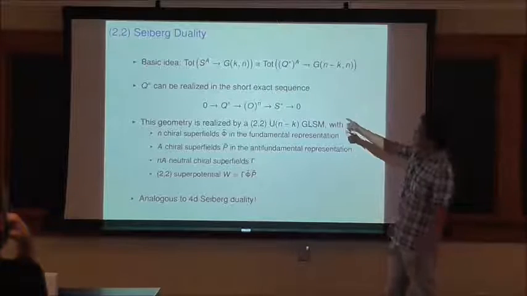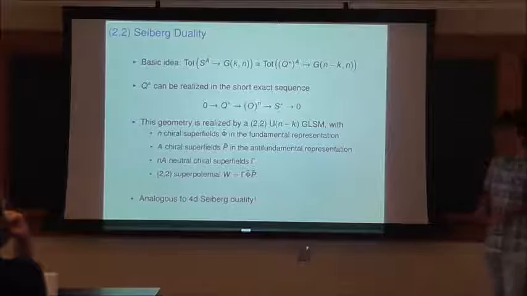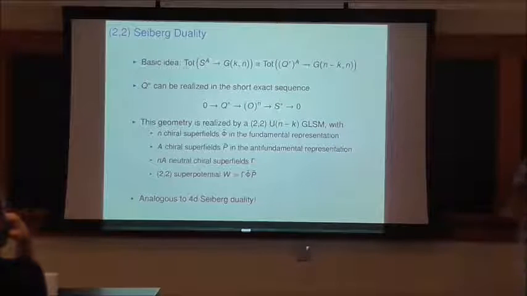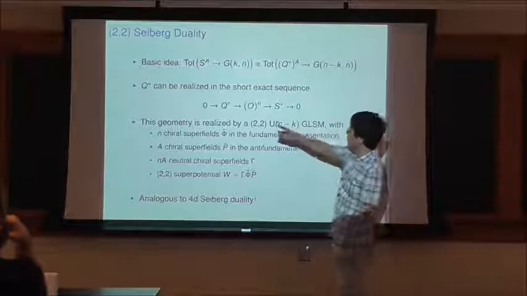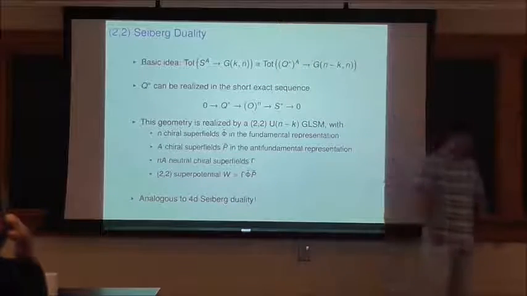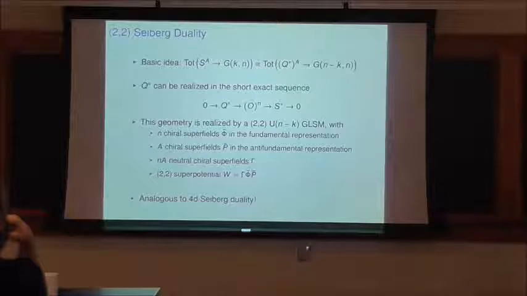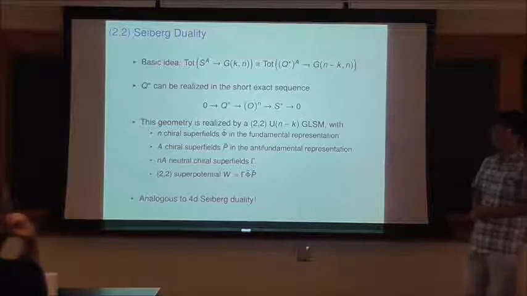So on G(k,n), the bundle is called S, but the same bundle is called Q star, the dual of the bundle called Q on the other side. And Q star can be realized by this short exact sequence where S star is the dual of S. So this Q is usually called the universal quotient bundle because it's a quotient bundle, the trivial bundle quotiented by S star.